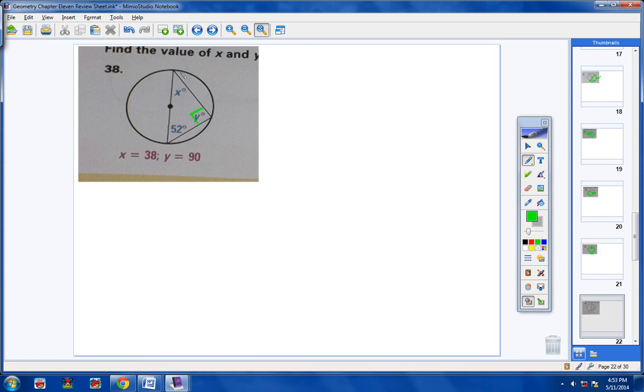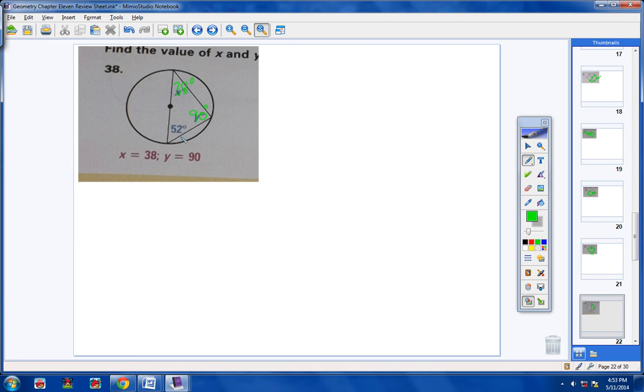If you have an inscribed triangle, and one of your sides is the diameter of a circle, which it is, then you know that you have a right triangle. So this is 52. You know y is going to be 90, and then add those two together, you'll get 142. And so this right here has to be 38 degrees, because 38 plus 90 plus 52 is 180.